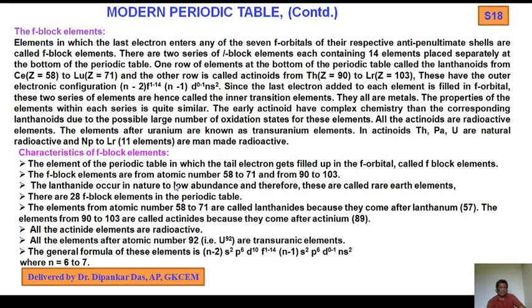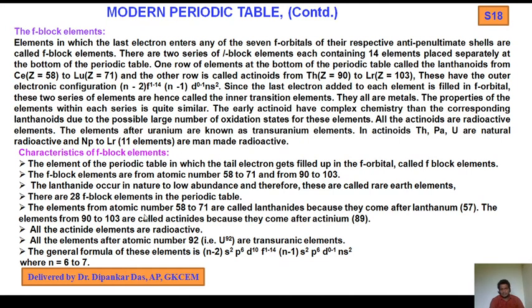F block elements are from atomic number 58 to 71 and from 90 to 103. The lanthanides occur in nature in low abundance, and therefore these are called rare earth elements. There are 28 f block elements in the periodic table.